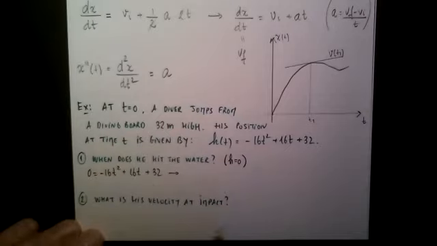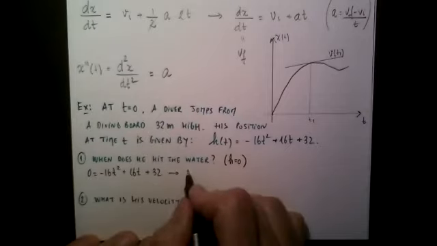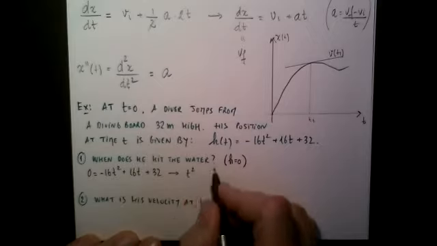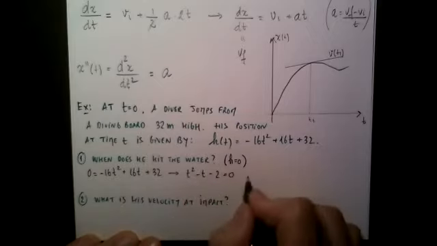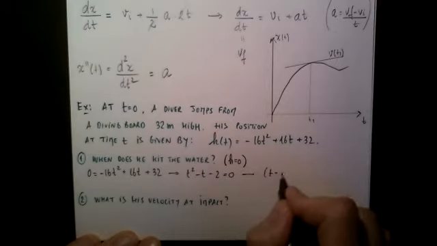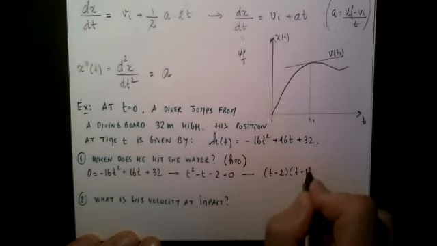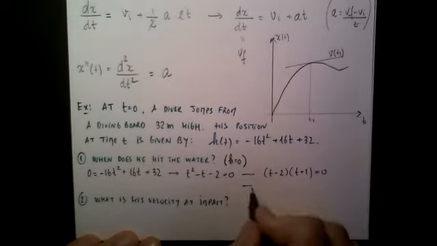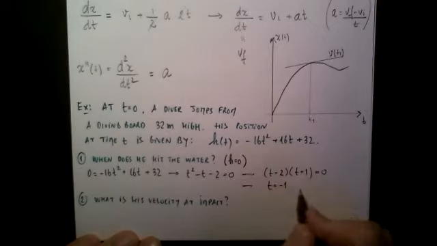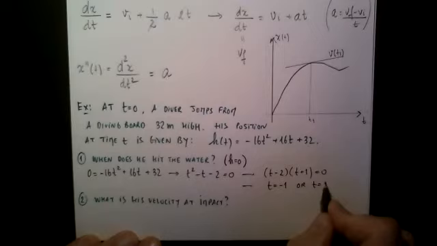Send everything to the left and divide by negative 16. I'm going to get t squared minus t minus 2 equals 0. If I factor, I get (t minus 2)(t plus 1) equals 0, and therefore either t is equal to minus 1 or t is equal to 2.